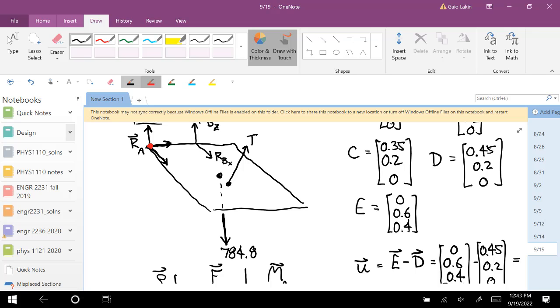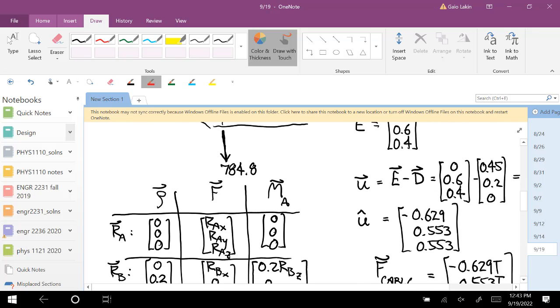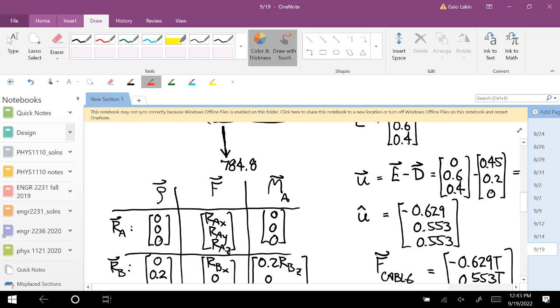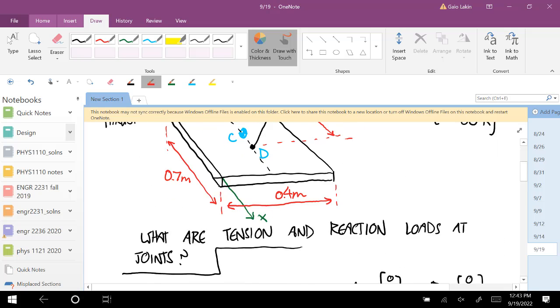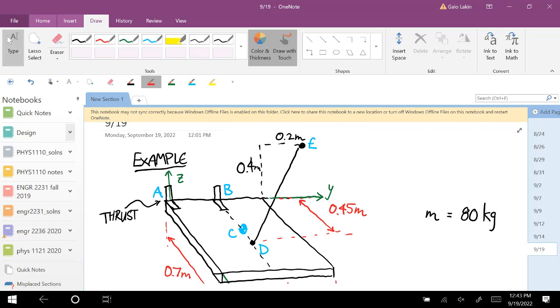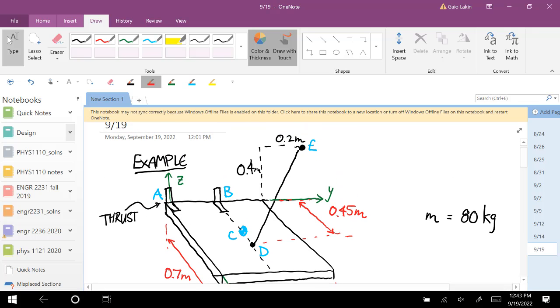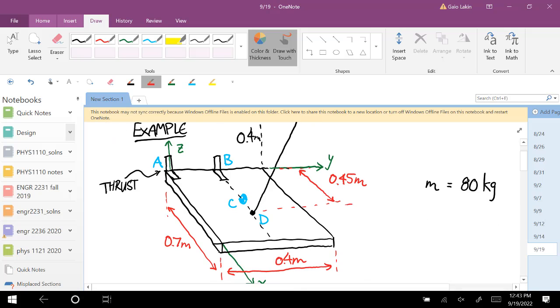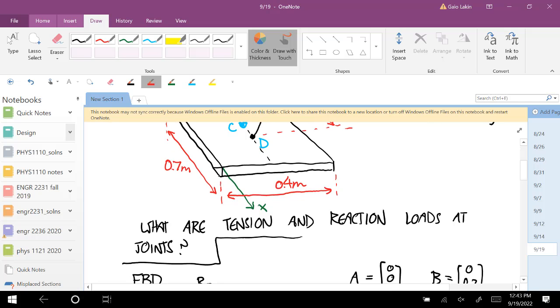So let's calculate these moments again. First, that force: our point E is 0x, 0.6y, 0.4z.